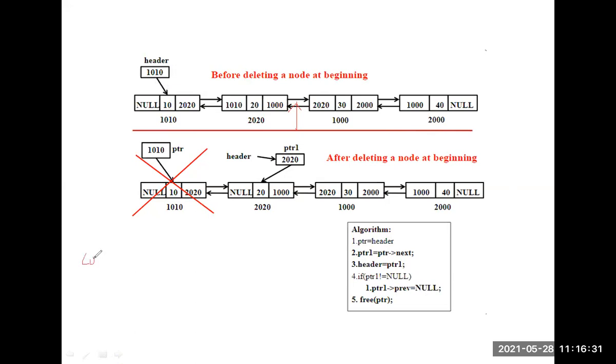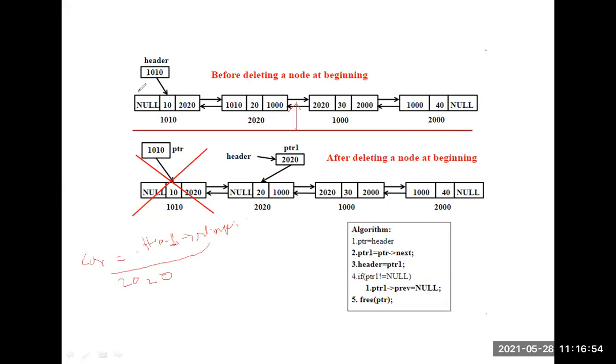I am considering some current equal to head of right link, which means the 2020 that is stored here.